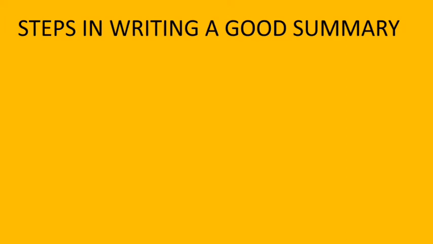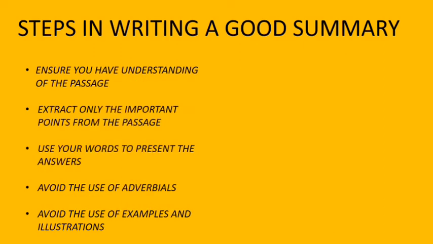So to ensure that you understand the passage, you have to first read the questions to the passage before going through the passage. Now, after reading the question, you go through the passage, and then when reading the passage, you need to extract only the important points from the passage.